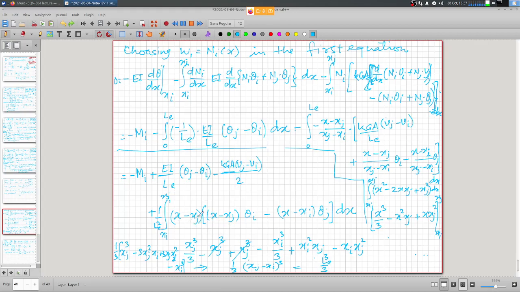So this integral here represents LE cube by 3, and now we can similarly work out. So this term is going to be plus 1 over LE squared, and this term is LE cube by 3 theta I, and minus what is the integral of this term.